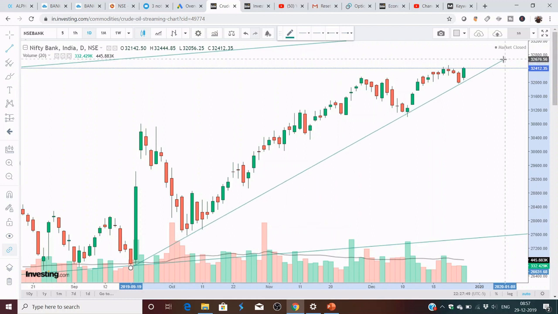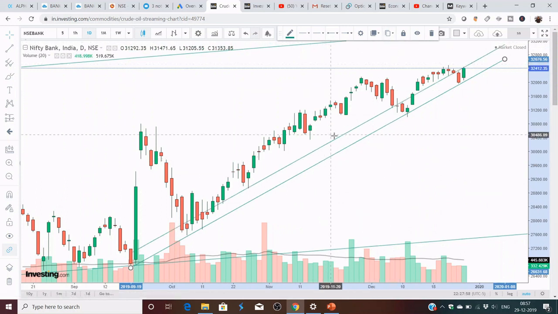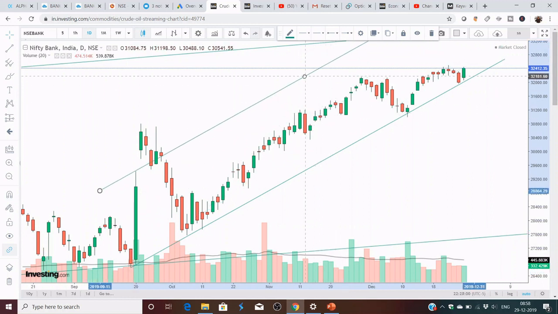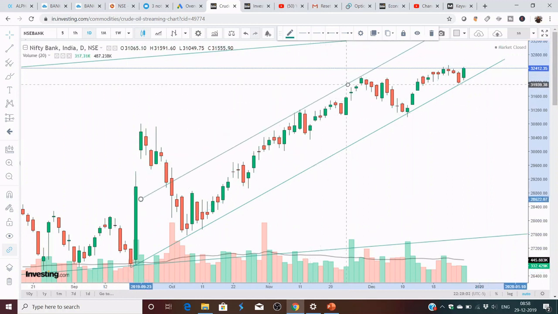Yeah, this looks like a decent trend line. We will clone this now and see if we can get a channel. We are getting a channel like this.